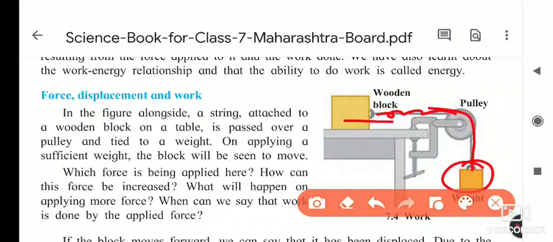The wooden block will move forward. So which force is there? I told you the weight is the force as we are increasing it. And how can we say the force has increased? As the block comes forward, we say that the force is increased. If we increase the force, what happens? The wooden block will move forward, and if it changes its place, we say that work is done.